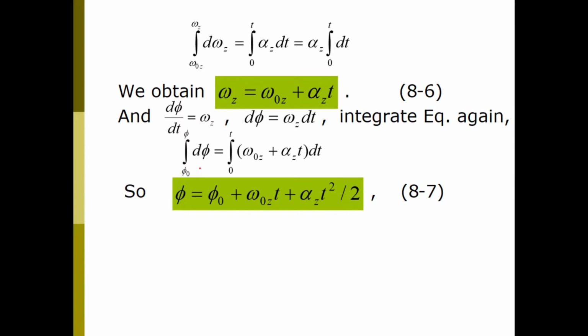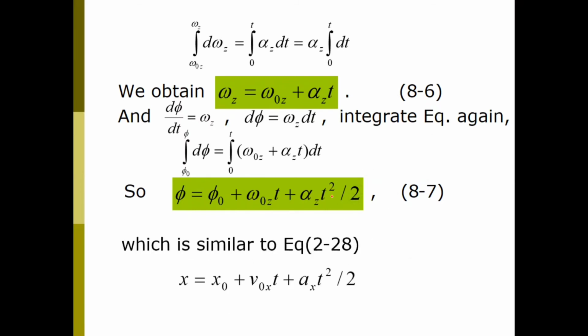Therefore, theta is equal to theta sub 0 plus omega sub 0z times time, plus alpha sub z times time squared over 2, which is similar to the equation x equals x sub 0 plus v sub 0x times time plus a sub x times t squared over 2.